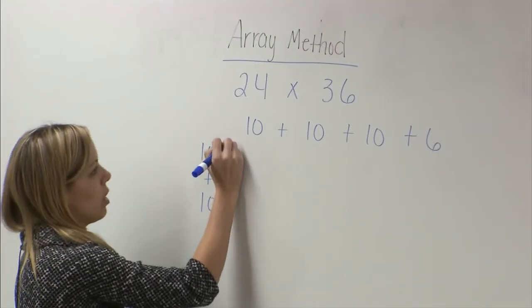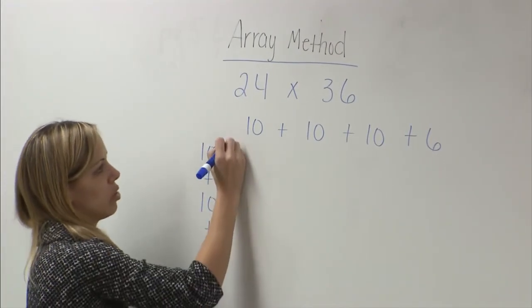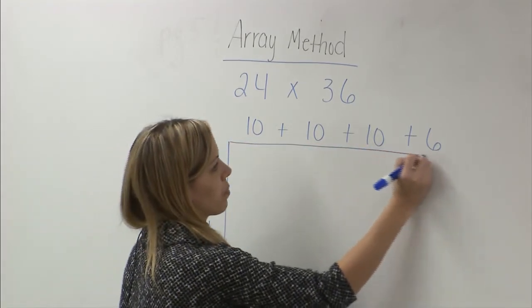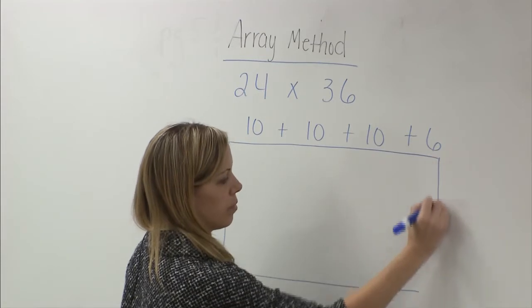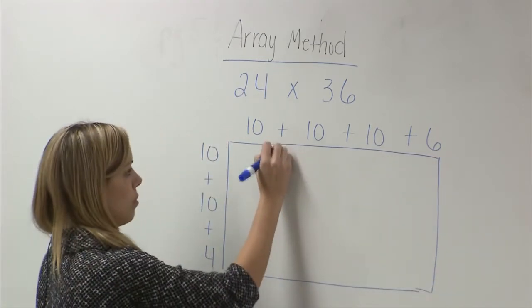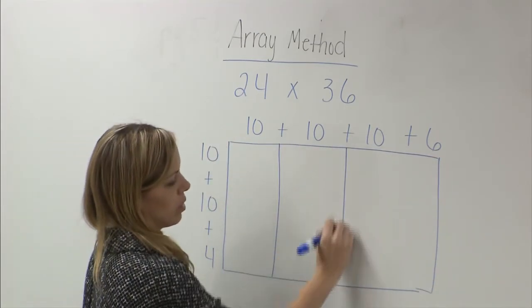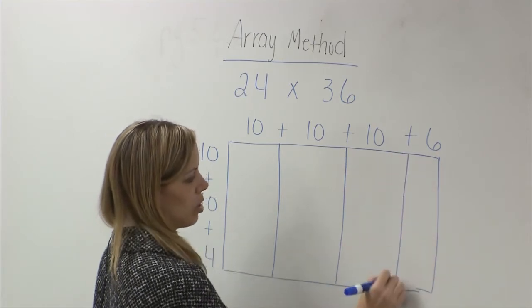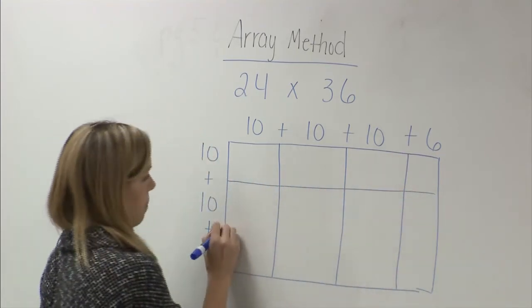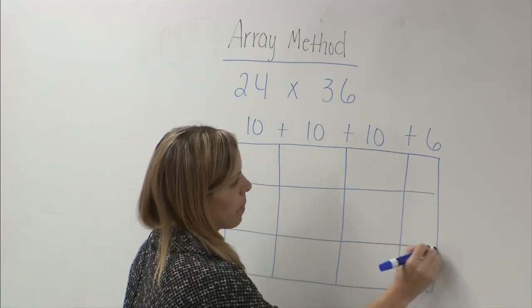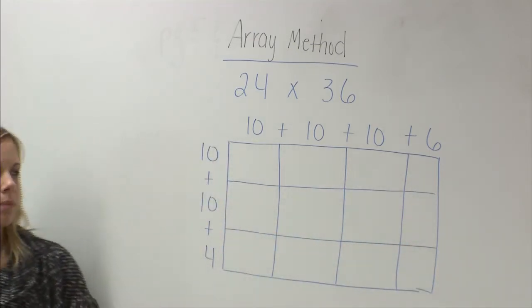And so we're going to make this into a nice little grid here. Separating each number. And then we're just going to multiply.